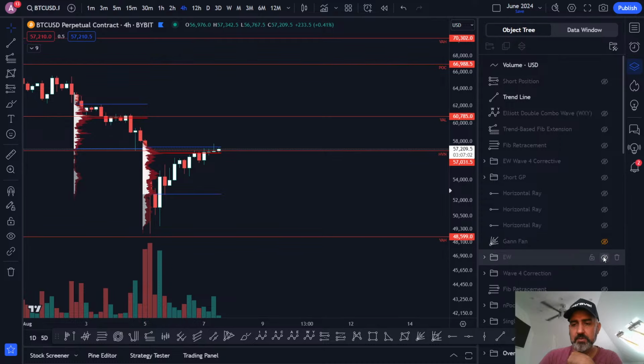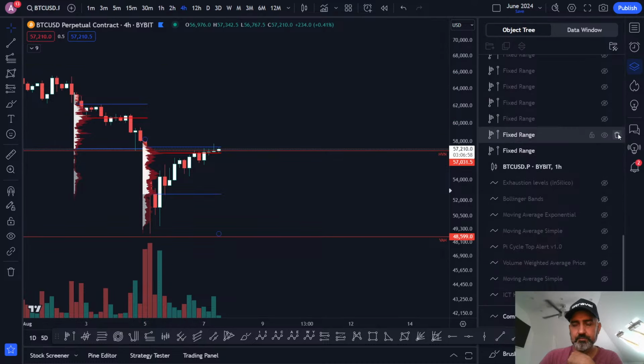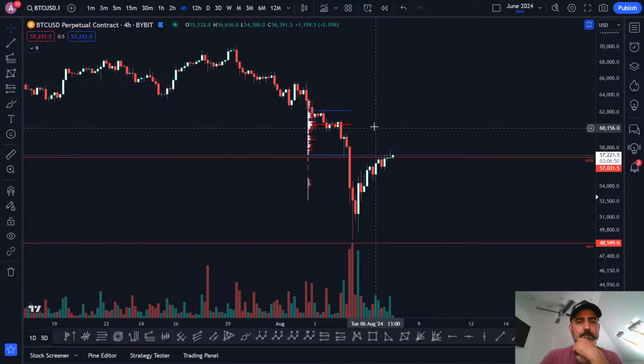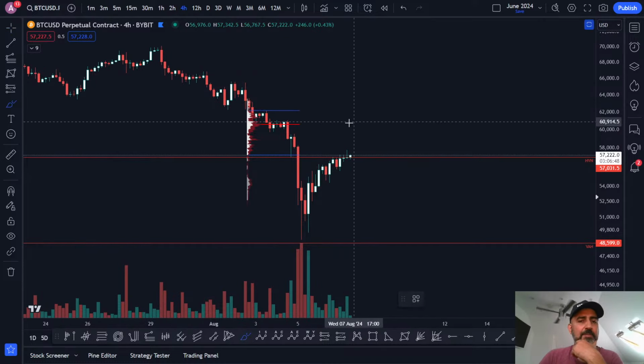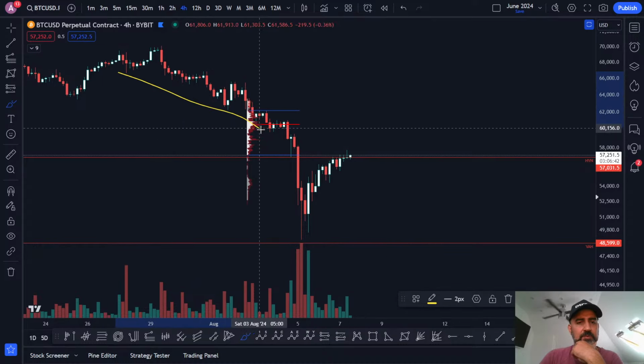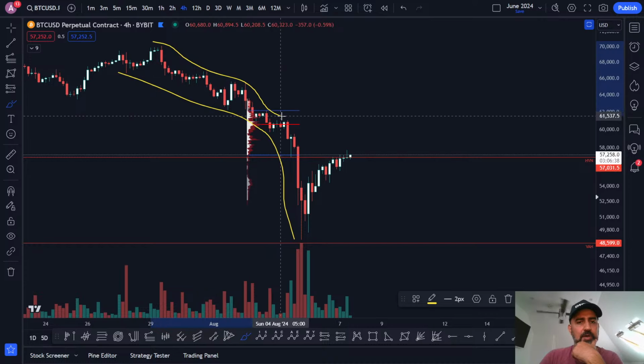On the 4-hour time frame: lower lows, lower highs.